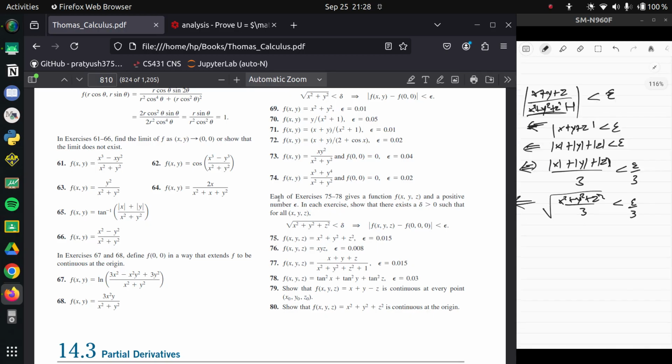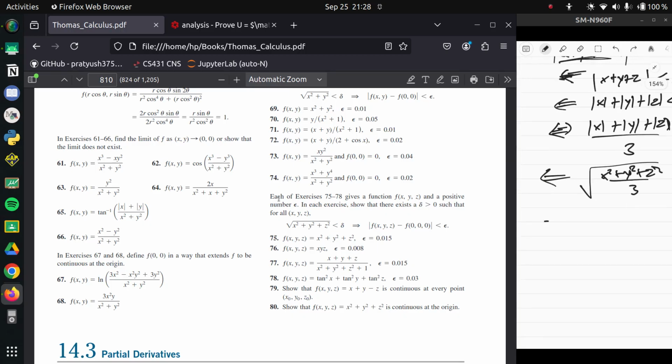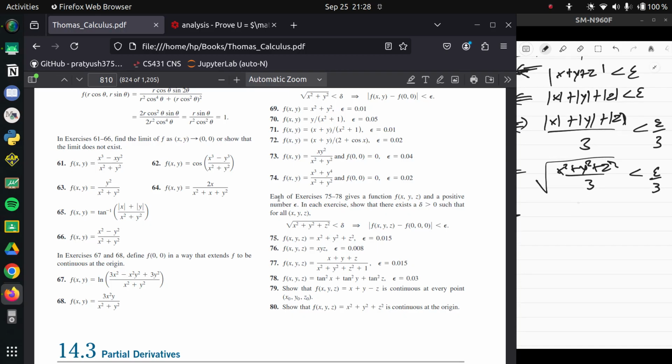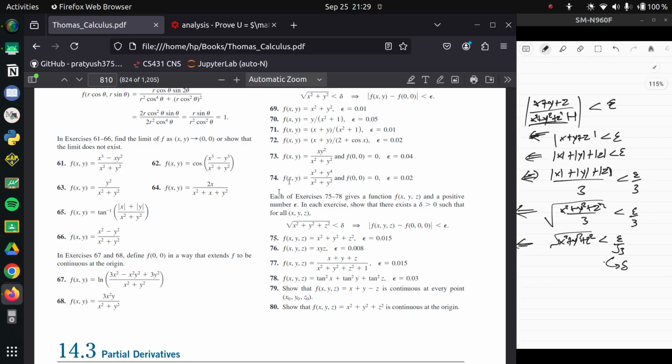So basically, if the RMS is less than epsilon, then since the arithmetic mean is less than the RMS, this will also happen. Okay. Now, all this implies is that x square and so on is going to be less than epsilon upon square root of 3, which we'll set to be delta. Right. So you don't actually have to find the largest delta, just some delta.